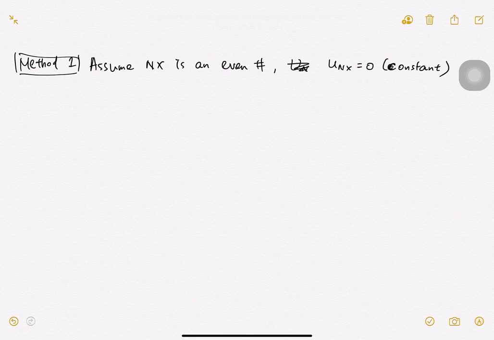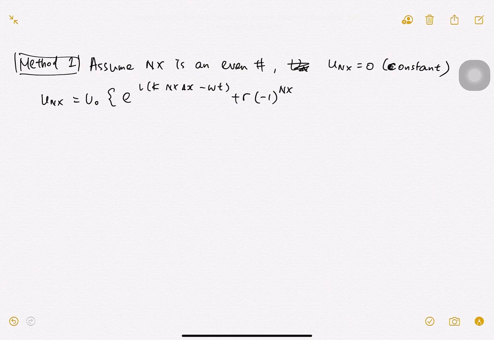We are setting the boundary as constant. So u at nx equals u naught e to the power of iota k nx delta x minus omega t, plus r times minus 1 to the power of nx, e to the power of minus iota k nx delta x plus omega t, equals 0.